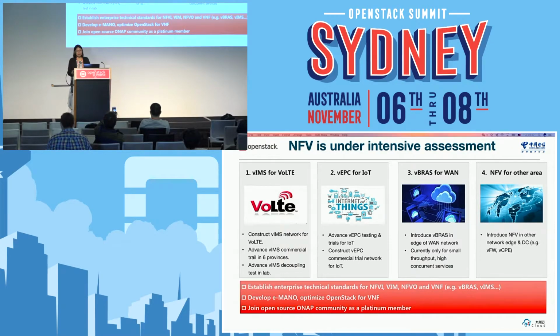Until now, China Telecom has established some NFV-related enterprise-level standards, including standards for NFVI, VIM, NFVO, and some VNFs, including vBase, vIMS, and others. We've developed our own MANO system, which we call eMANO, and we also optimized OpenStack for some performance increases for VNF. China Telecom is also a platinum member of the open source ONAP project.